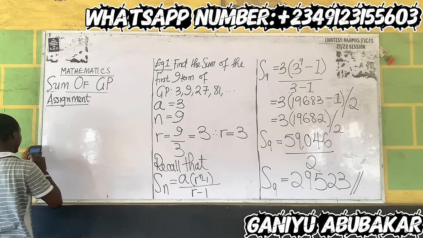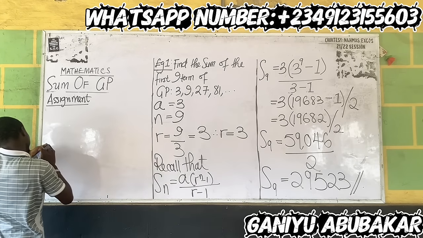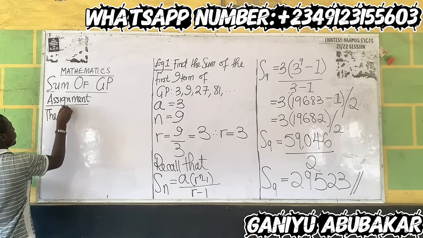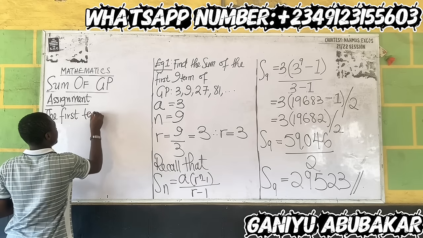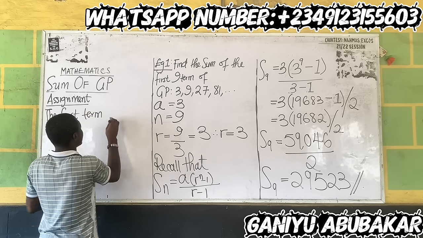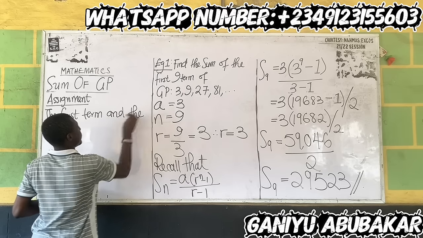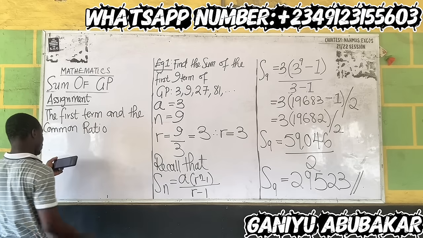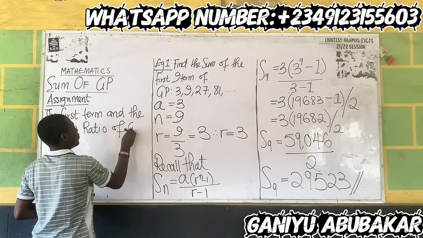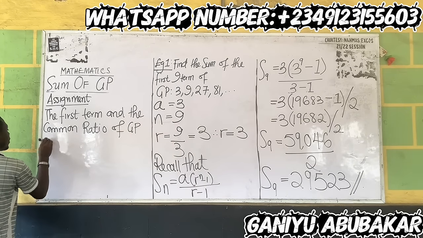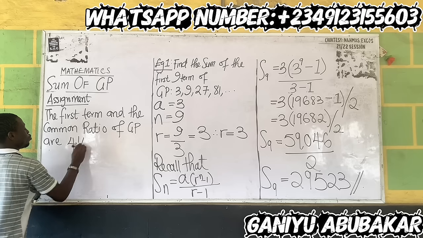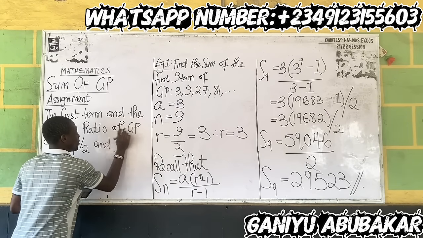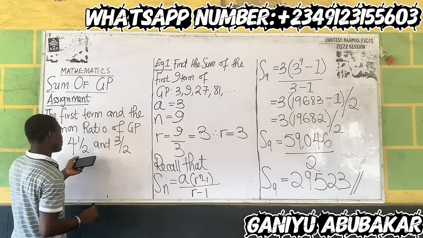All right, the question says the first term and the common ratio of a GP are 4 number 1 over 2 and 3 over 2 respectively.